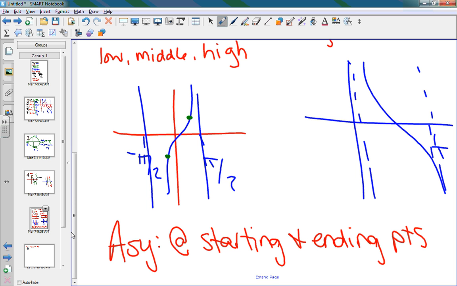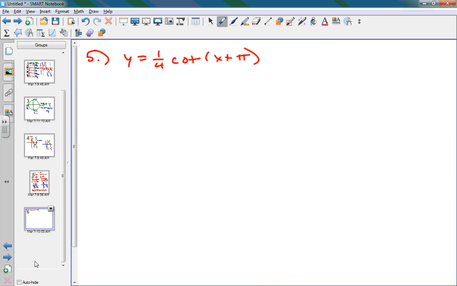Okay, let's try this. Let's do number 5. Y is equal to 1/4 cotangent of x plus pi. We're going to treat our amp as plus or minus 1/4. From our amp previously, what could we get out of that?